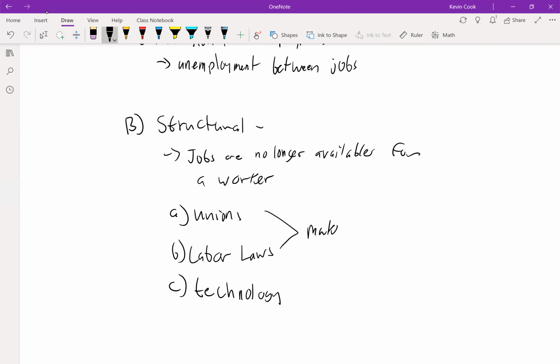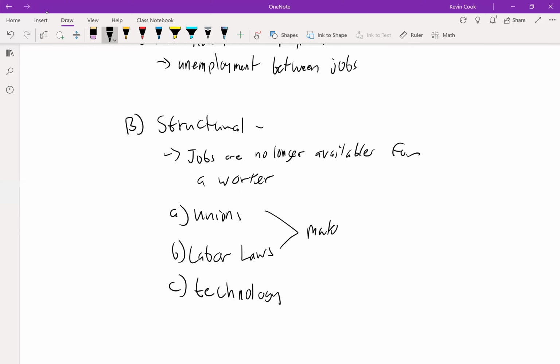But with technology, we saw something like with farming. Whereas previously I needed all these people to work in this field, now I only need a few. So technology has made it where we don't need as many workers, and now those workers can go work somewhere else.